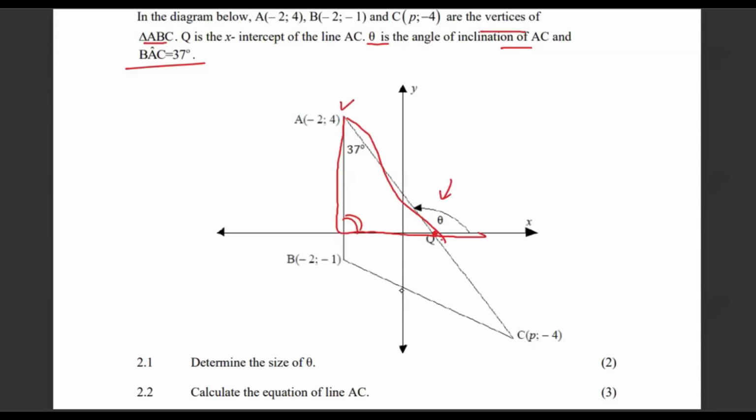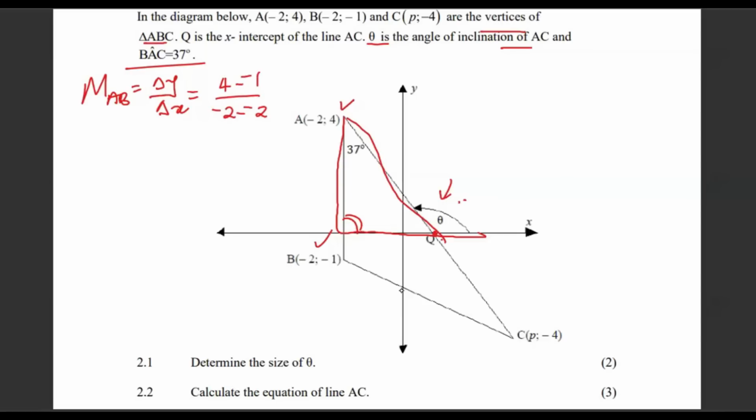I have this, I have that. So I can use the gradient to find the inclination angle, and then I plus the 2, and then I have my theta. So I'll say the gradient of AB, change in y over change in x, so it's going to be 4 minus minus 1 over -2 minus minus 2.